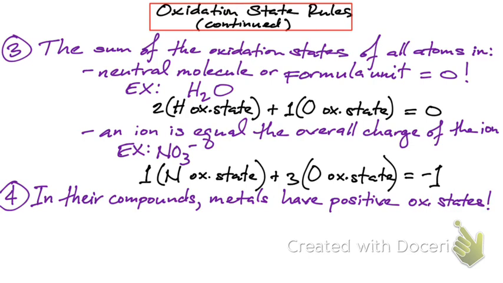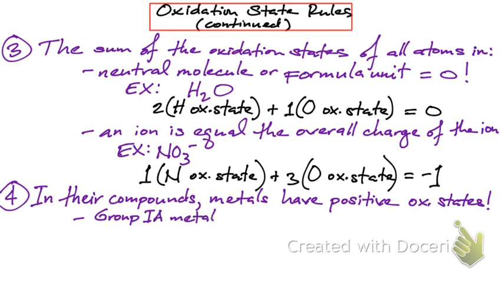All right, rule number 4. In their compounds, metals have positive oxidation states. So you could have an ionic compound, which involves metals, composed of metals and nonmetals.